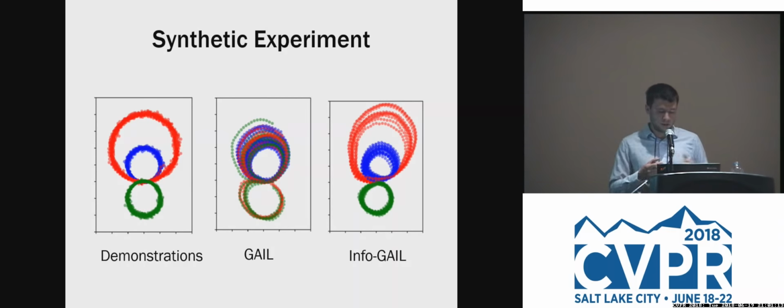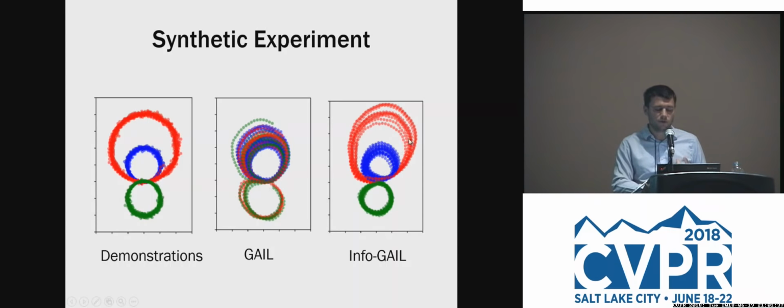By using this mutual information maximization term, we can effectively cluster the trajectories using these latent variables, and identify the fact that there are 3 different kinds of demonstrations. If you just train GAIL without the mutual information term, it has no way of knowing that there are 3 different kinds of demonstrations in the data, and it mixes them all together.